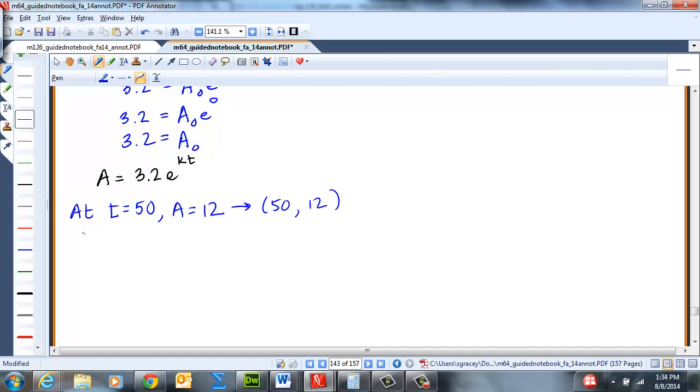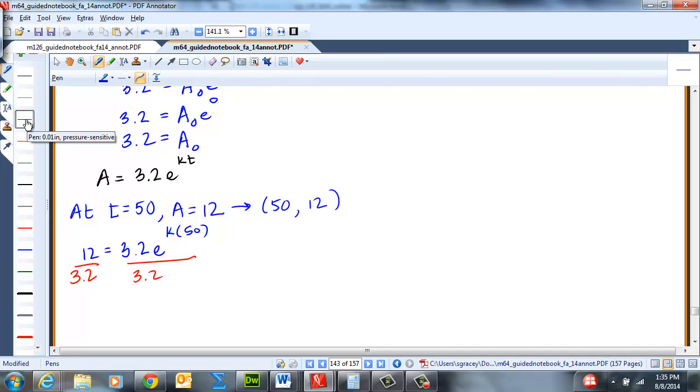So here we go. In for A, we now plug in 12 equals 3.2 times e to the k times 50. So we need to solve this equation. So we have to isolate the exponential. So divide both sides by 3.2.